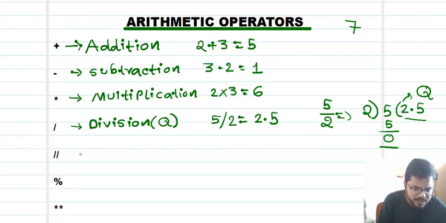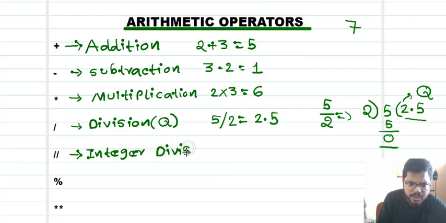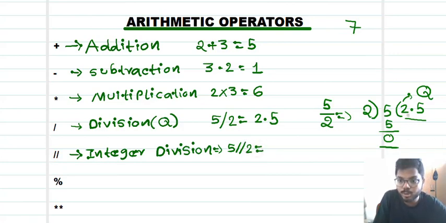Then what does the double slash give? Double slash gives integer division. Now we will see what is integer division. If I write 5 double slash 2 equal to, what is the quotient here? 2.5 as integer, so only write the integer value of it.